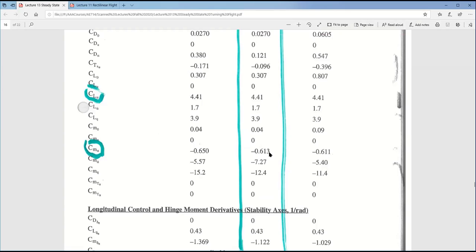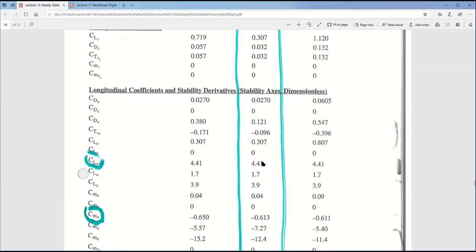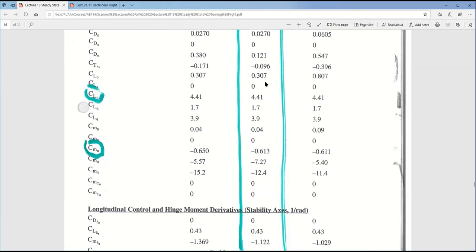You guys remember what CL1 is? Because you're going to need that. Let me scroll up, get that copied down. It's 0.307. I think that's the only thing you need from up here. Everybody got that? CL1. Okay, so let me go back down.